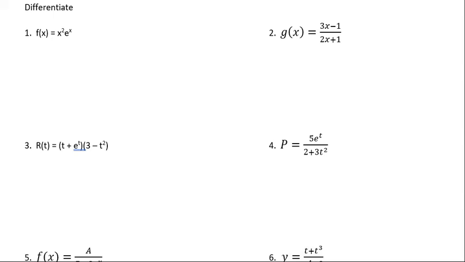So for number 1, we have a product. We have a first term and we have a second term. We have x to the second times e to the x. These are two terms, so this is a product.